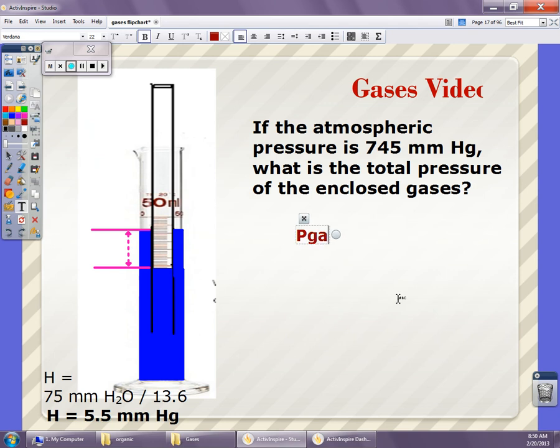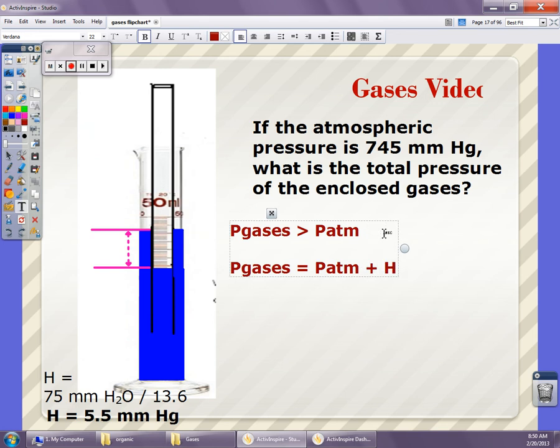Okay, pressure of the gases, in this case, is greater than pressure of the atmosphere. The reason why: the gases inside here are pushing down better than the atmosphere is pushing down out here. So the gases have more pressure. To make them equal, I want to do pressure of the atmosphere plus my height factor.